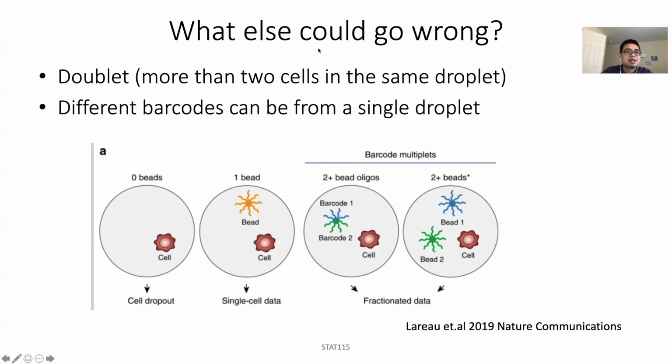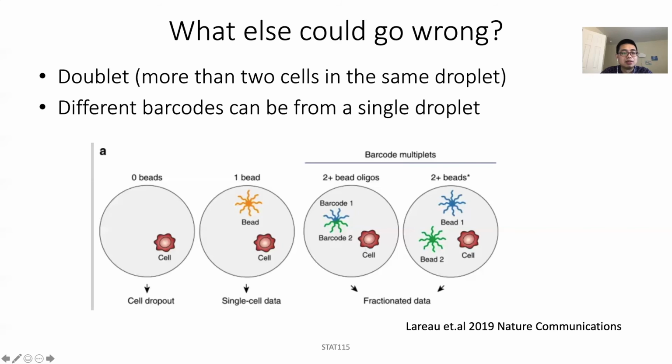The other problem is that different barcodes can actually be from a single droplet. This is a paper published in 2019 by Caleb, who was our previous TA last year.